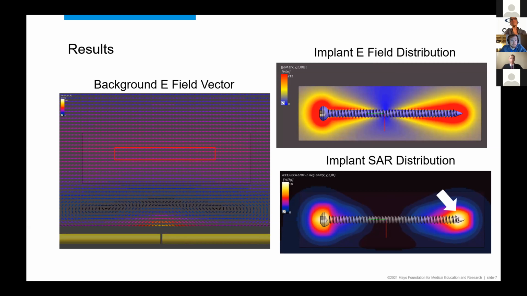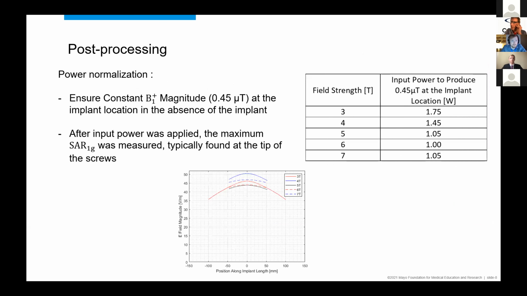So we were able to confirm that with our background simulations. On the right is an example of an E-field distribution around an example implant. And below that is the resulting SAR distribution, where you can see, denoted by the white arrow, that the maximum E-field, or the maximum SAR, is typically found at either end, primarily at the tip of the implant. Next slide, please.